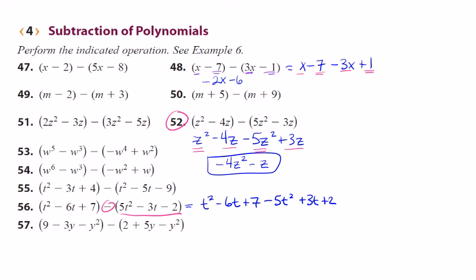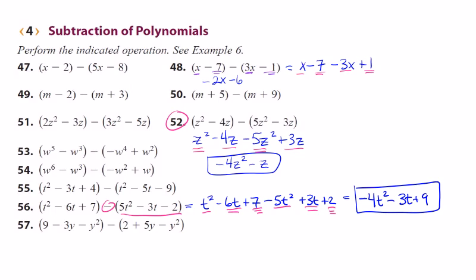And now I'm going to combine like terms. So I have t squared minus 5t squared, which is negative 4t squared. Then we have negative 6t plus 3t, which is negative 3t. And then we have 7 plus 2, which is 9. All right, and that's it.